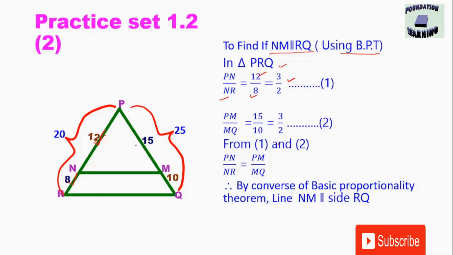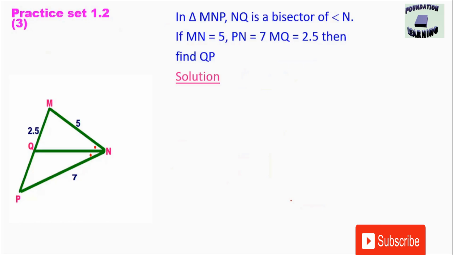The next one, PM is to MQ, which is 15 upon 10. After cancellation we got 3 upon 2. Comparing the first ratio with the second, both values are equal. Therefore, by the converse of the basic proportionality theorem, line NM is parallel to side RQ.